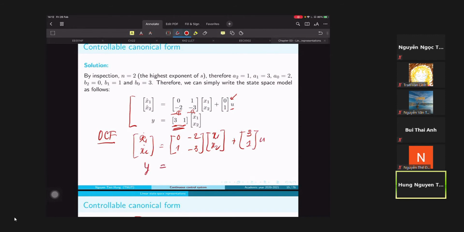The output will be 0, 1, times X1, X2, plus Du, but D is 0. So we just take a transpose, then we got the solution for the observable canonical form. This is the way we represent the system in observable canonical form.